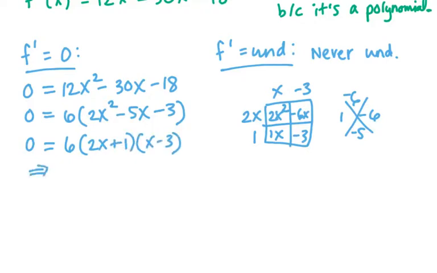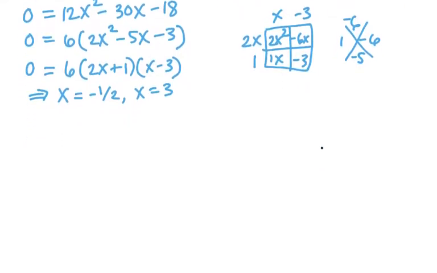So I'm getting critical points at negative 1/2 and positive 3. Alright, so this means we can now make our number line, our sign chart, as some may call it, and we're going to put the values that we just found of negative 1/2 and of positive 3 here.